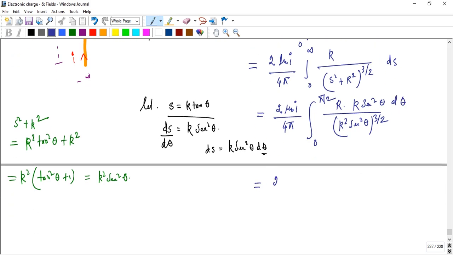So that is equal to 2 mu 0 I by 4 pi, with integration limit 0 to pi by 2. So we get r square sec square theta d theta by r square sec square theta whole to the power 3 by 2, which means here is r cube actually.